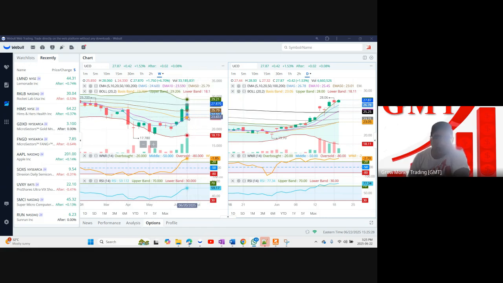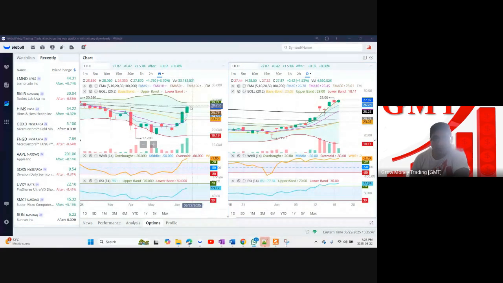On a weekly level it closed at 27.87, and the upper Bollinger Band is at 29.21, which is another 35 to 40 cents higher. Williams R has reached the overbought region, so there's some upside in terms of RSI, but not very huge.